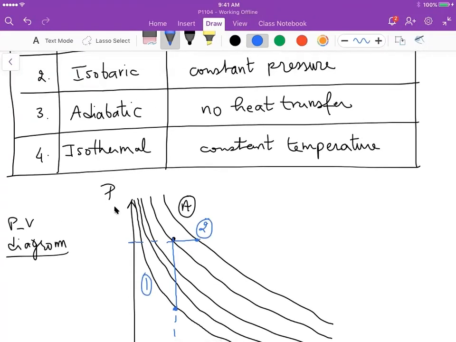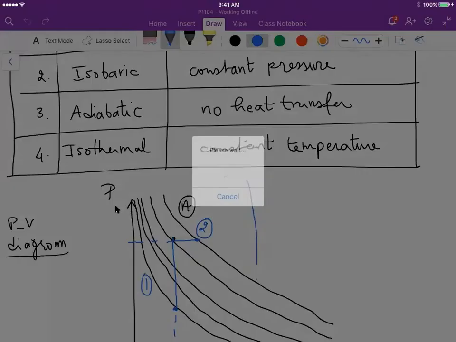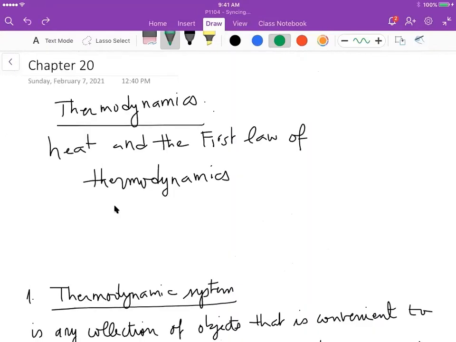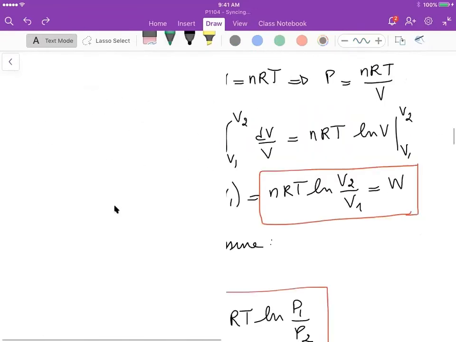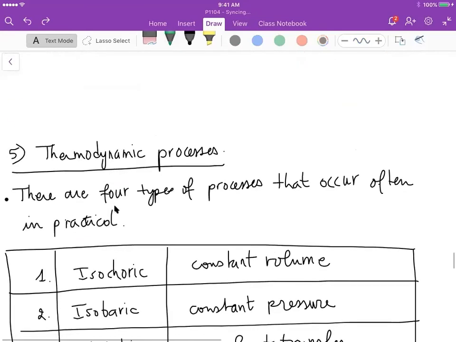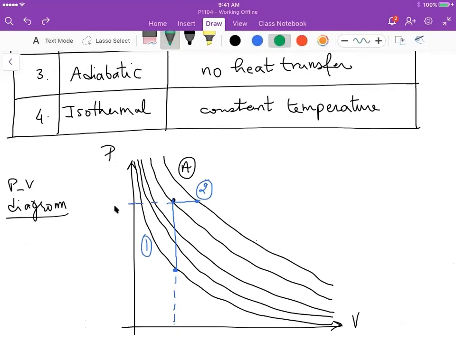This is it. Then I will start with number 4 before we go to 3. Number 4 is an isothermal process, which means at constant temperature. So what does constant temperature mean? It means there is no change, no variation in the temperature, which means we stay on the same curve. If our system is undergoing an isothermal process, that means that our system is moving on this curve like this.